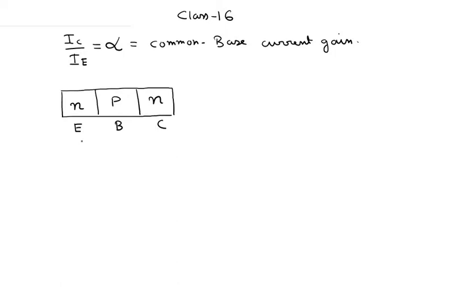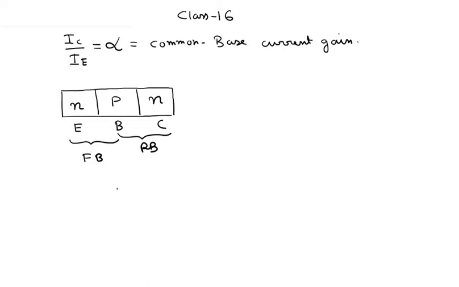The base to emitter junction, that is this junction, is forward biased, and the base to collector junction is reverse biased. We also discussed that the emitter is heavily doped, the base is lightly doped, and the collector is moderately doped.